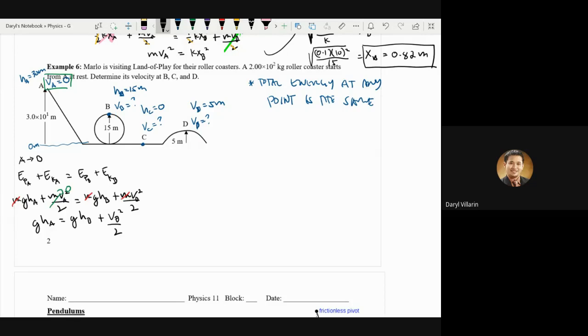But I can solve. So this would be g h sub A. If I transpose g h sub B to the other side, that would be g h sub A minus g h sub B is equal to V sub B squared over 2.